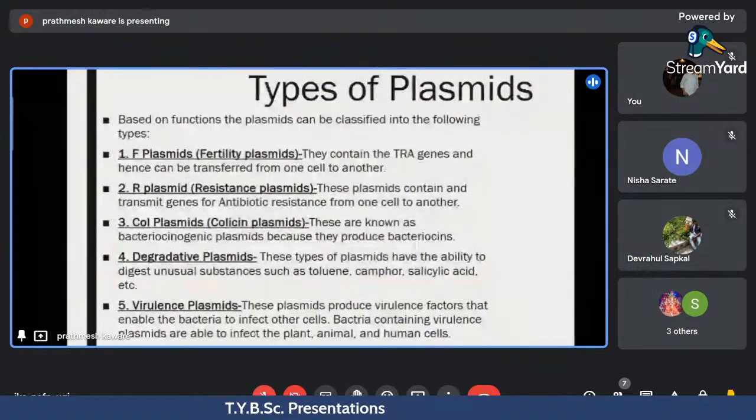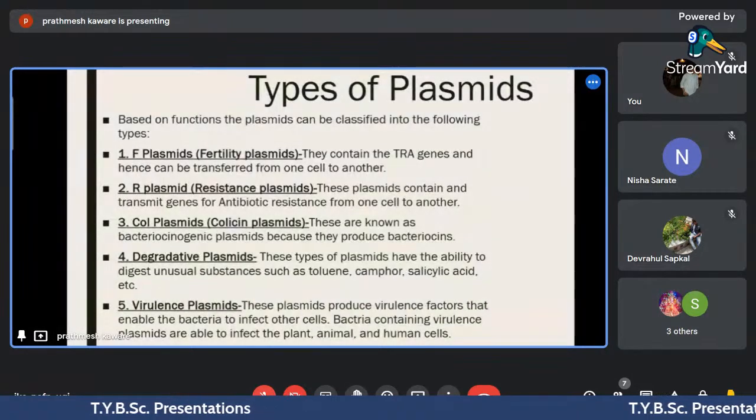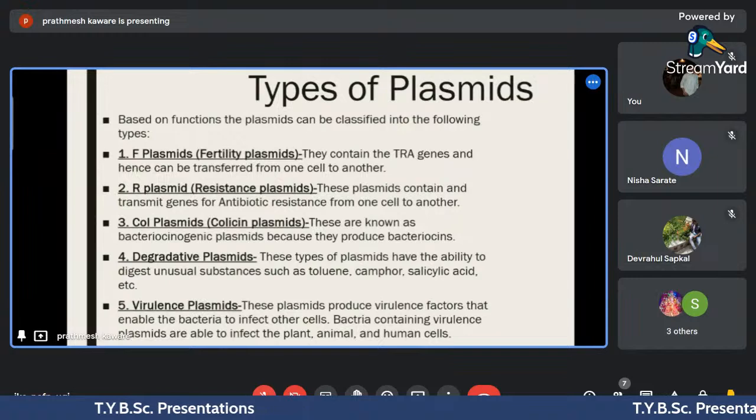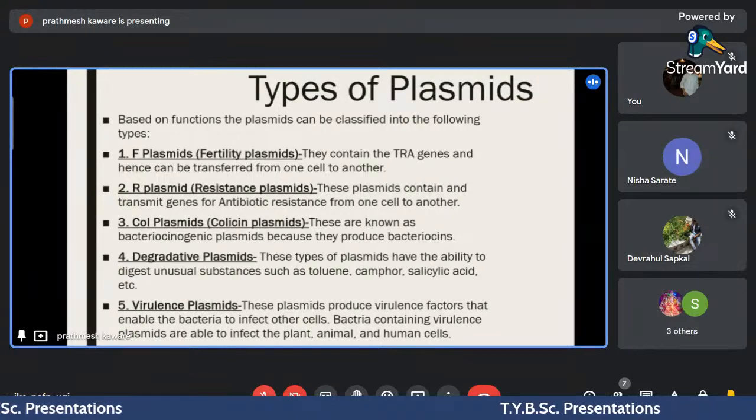Based on their functions, they are classified into the following types. First is the F plasmid, the fertility plasmid. They contain the tra gene and hence can be transferred from one cell to another.